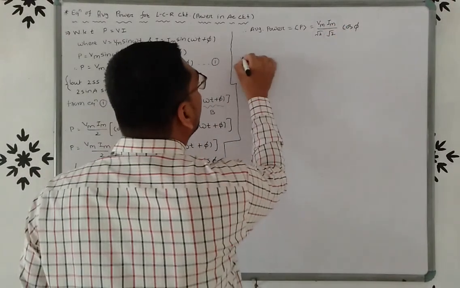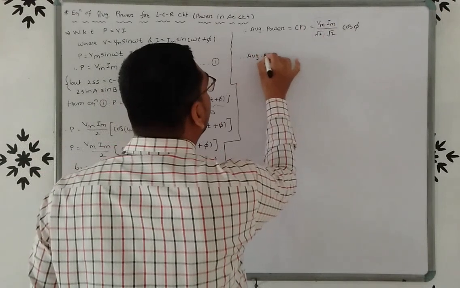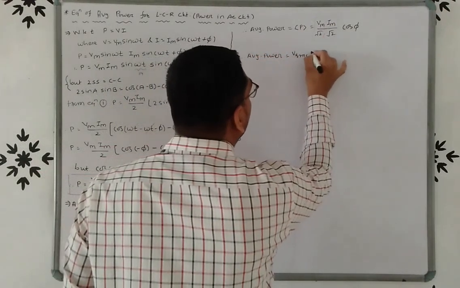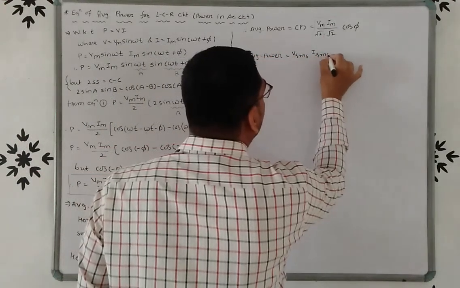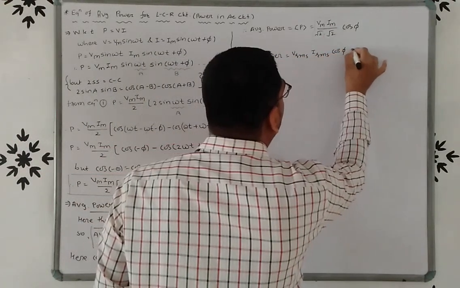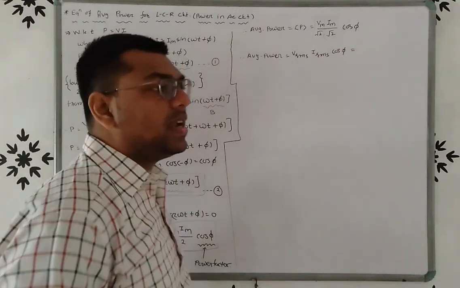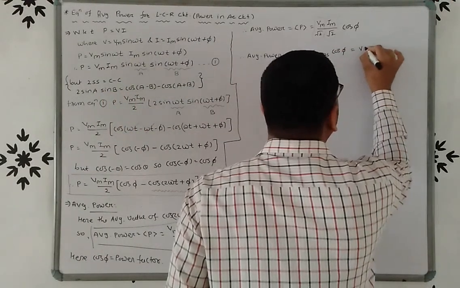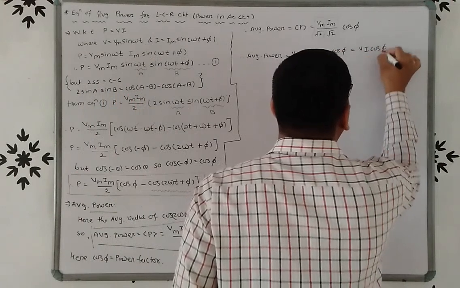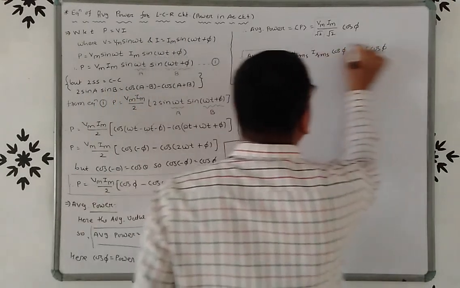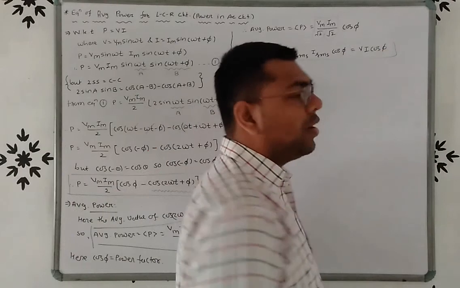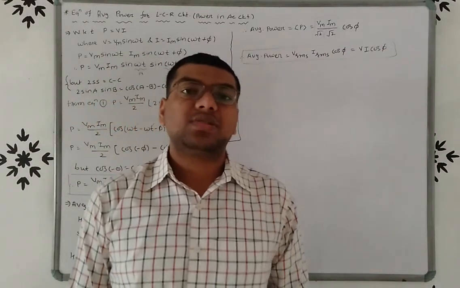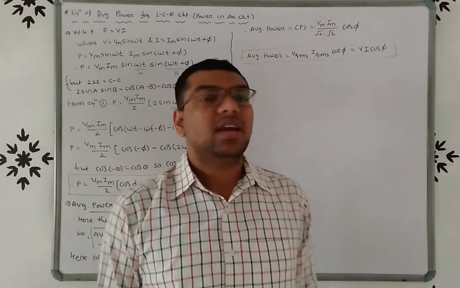So average power is equal to Vrms into Irms cos phi, right? Or instead of Vrms and Irms you can write V and I, right? So VI cos phi. So the equation of average power is equal to Vrms Irms cos phi, or you can say VI cos phi.